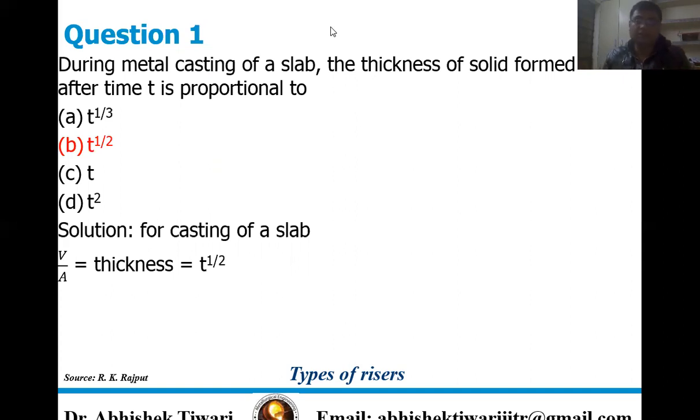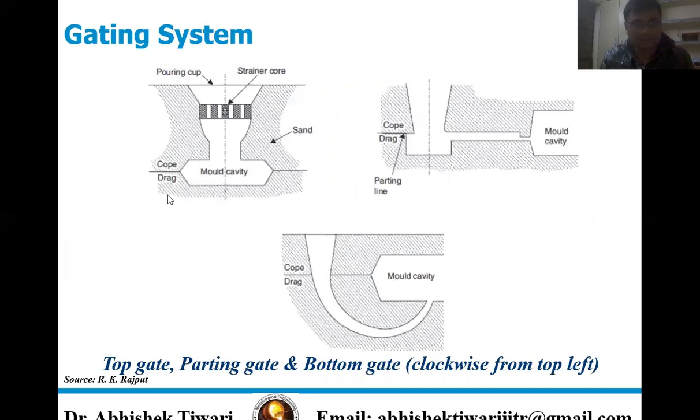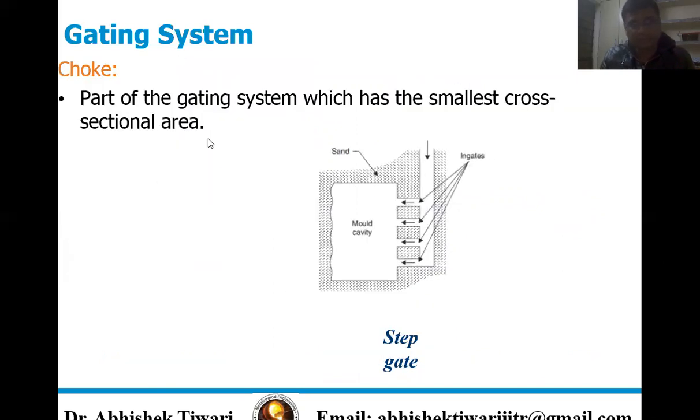This is how we will pour into the gating system. This is the pouring cup actually, so we can pour the metal.